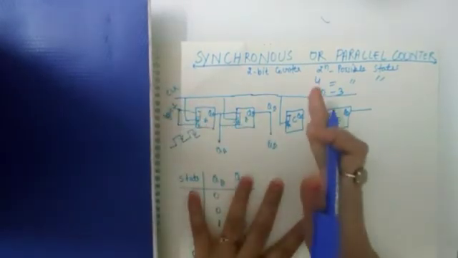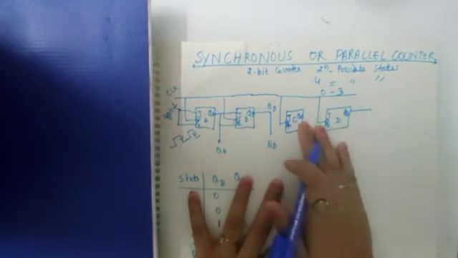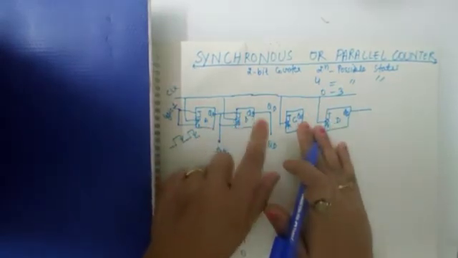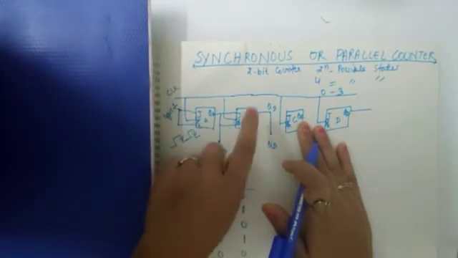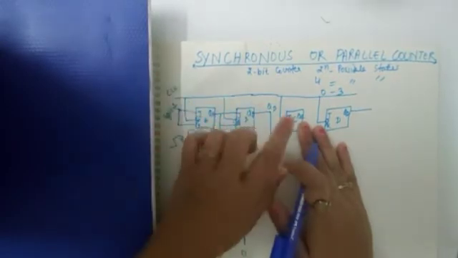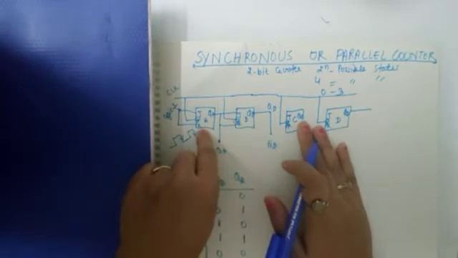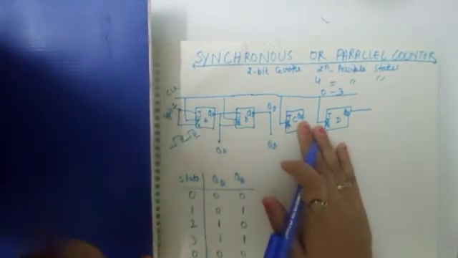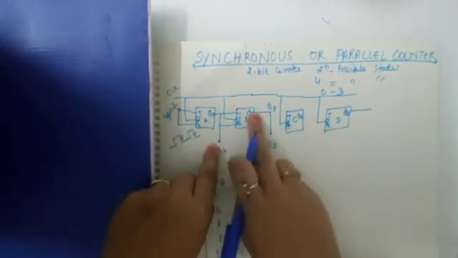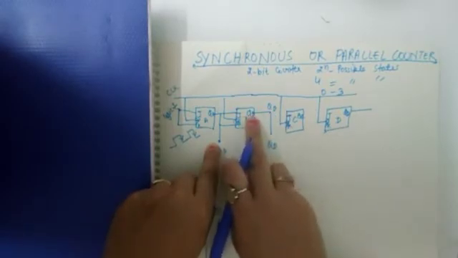Now in the same way, QC will change. QC not only depends upon QB, it also depends upon QA, because QB depends upon QA, so indirectly QC also depends upon QA. So we cannot give the outputs from QB directly.